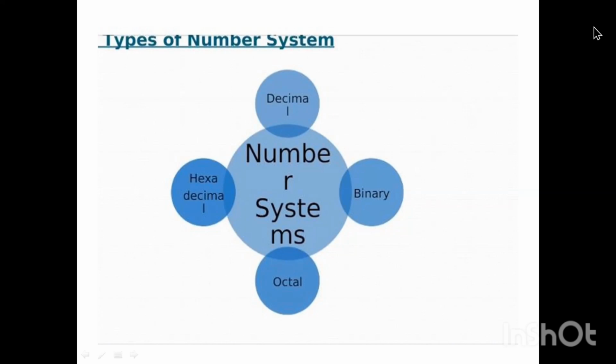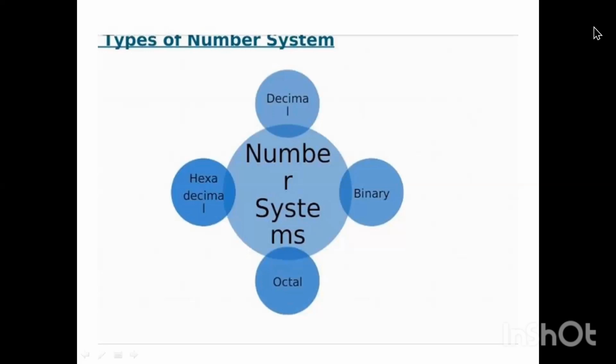The second one, the binary number system. As the name implies, it includes only two numbers, zeros and ones. We already know the computer can accept only zeros and ones. All kinds of data should be converted into zeros and ones, which is the binary number system. The binary number system is called machine language or machine understandable language.